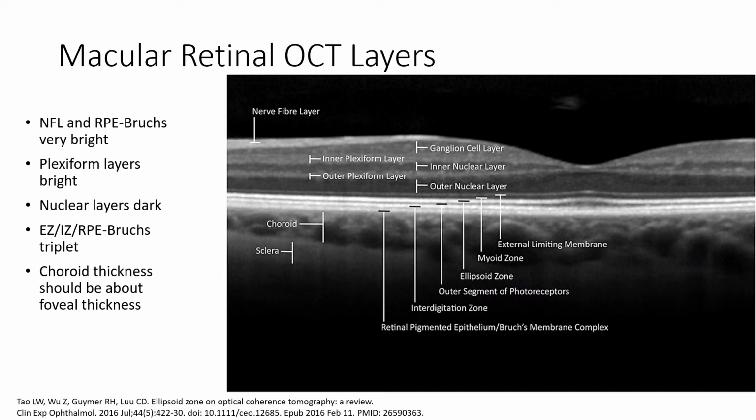This is a standard macular OCT scan through the fovea of the left eye with the layers annotated. One way to remember which layer is which is just to think about the layers that are bright or hyperreflective. The two brightest layers are typically the retinal nerve fiber layer and the RPE Brooks complex.